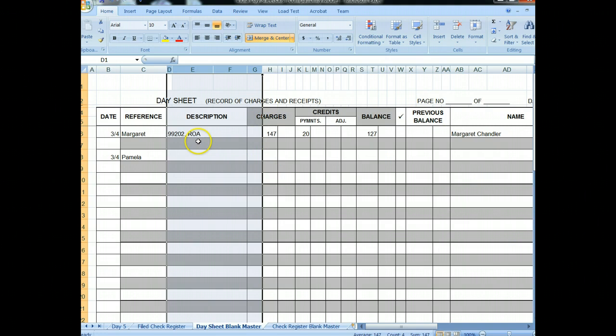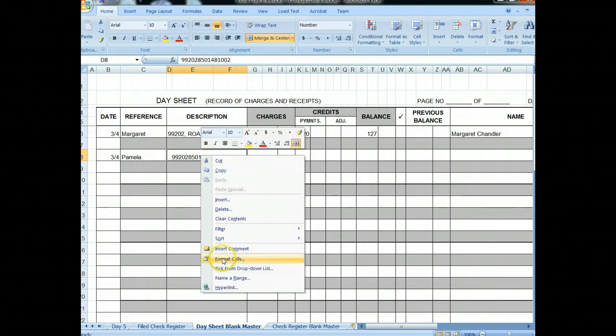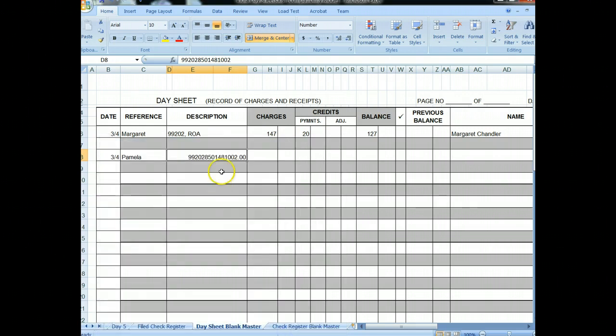Okay, hopefully that'll do it. That's because I have the numbers in there now. Format cells. This is so nice. Okay, go down to 2. That's what it was. Okay.